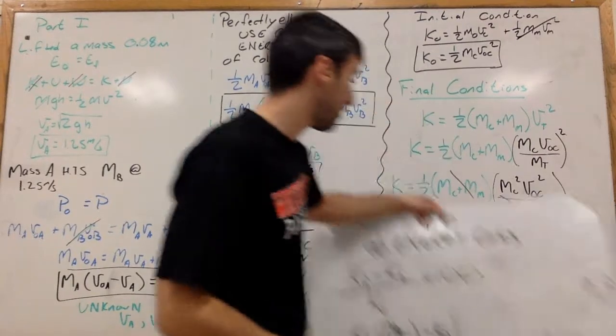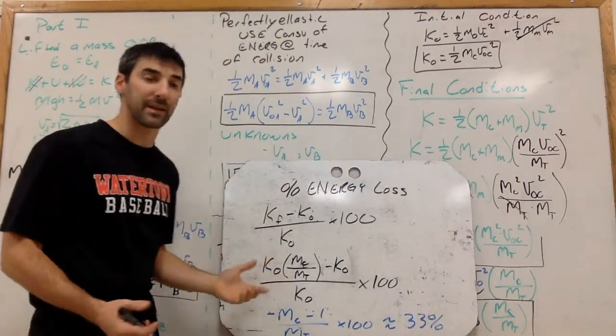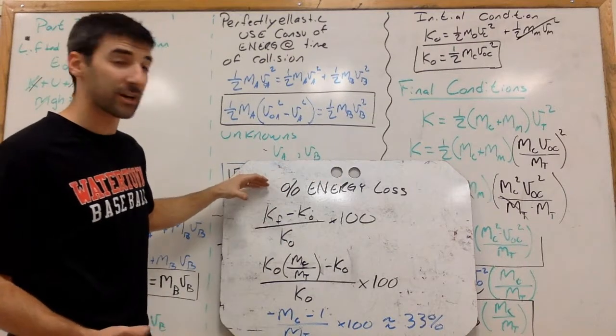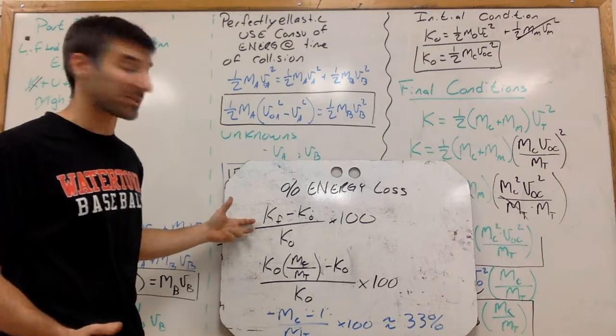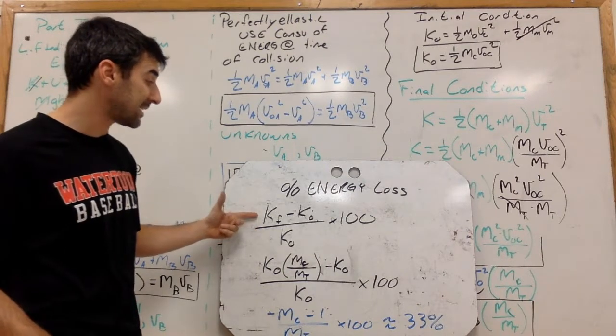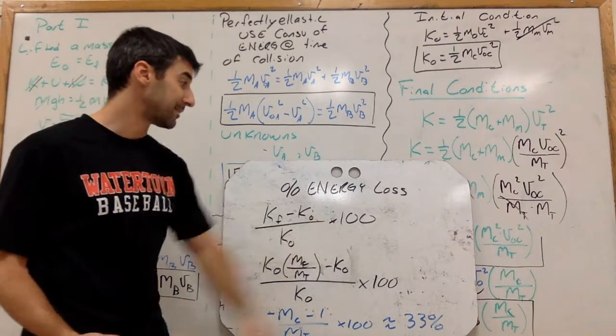So now to find my percent energy loss, I still haven't plugged in a number. I haven't used one number yet. To find my percentage of energy loss, well, this is just 10th grade algebra. My percent is my final minus my initial divided by my initial, my maximum, times 100.